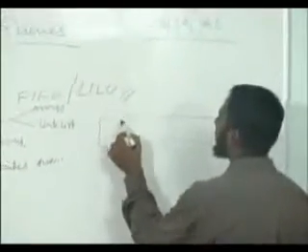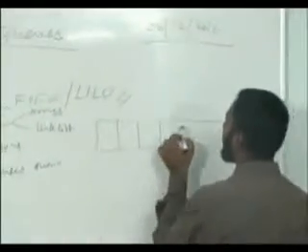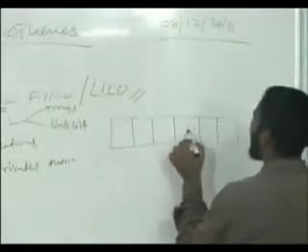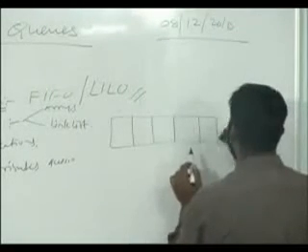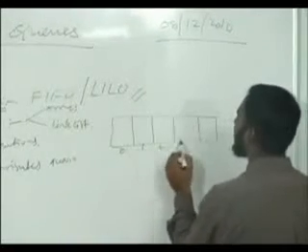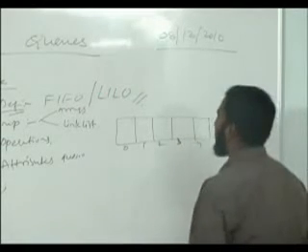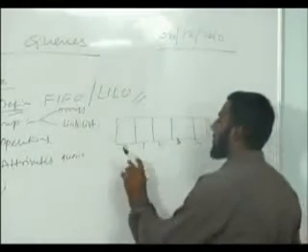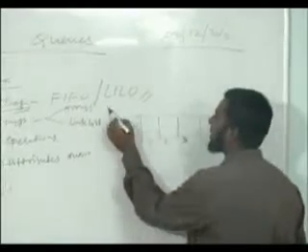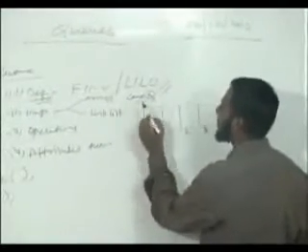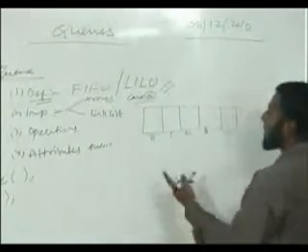And suppose the size of this queue is 5. 1, 2, 3, 4, 5. The index ranges from 0 to 4. Now, can I add an element? This is case A, the initial situation where Q is empty.